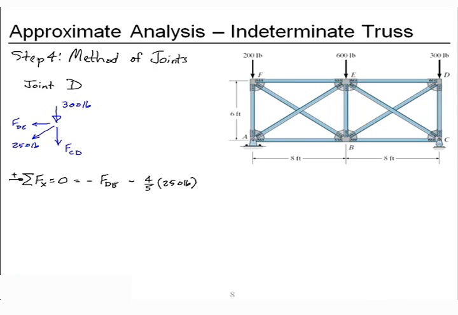And those are the only two elements in that direction. So the force in member DE is negative, and it's 200 pounds. And since I drew positive as tension, the negative tells me it's a compression member.